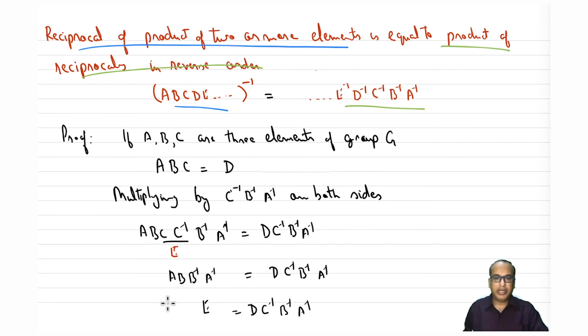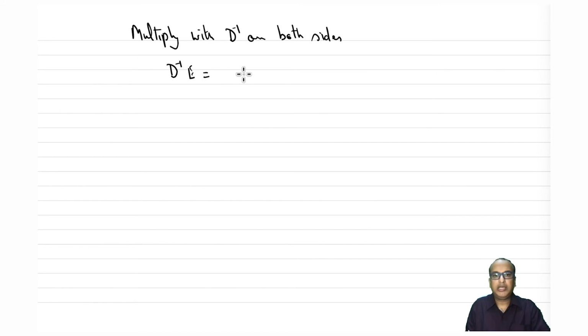Now I can take D that side, or what I can do is multiply with D inverse on both sides. So what do I get? D inverse E is equal to D inverse D, C inverse, B inverse, A inverse.